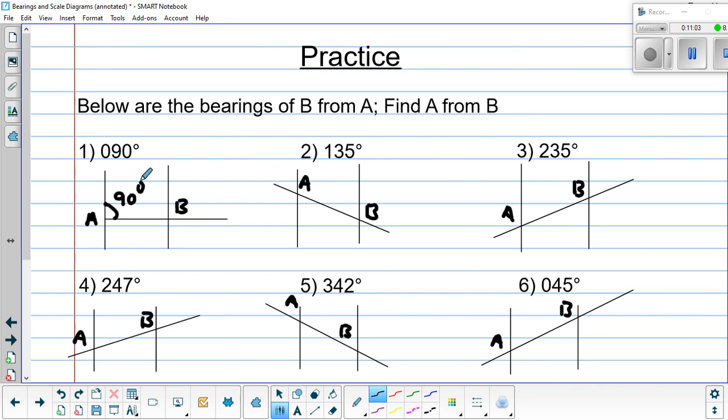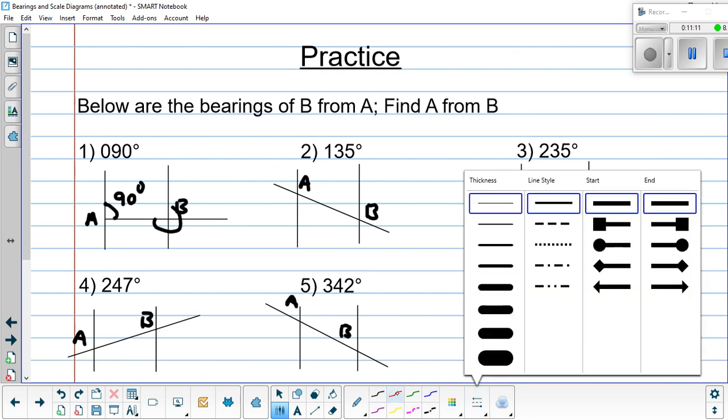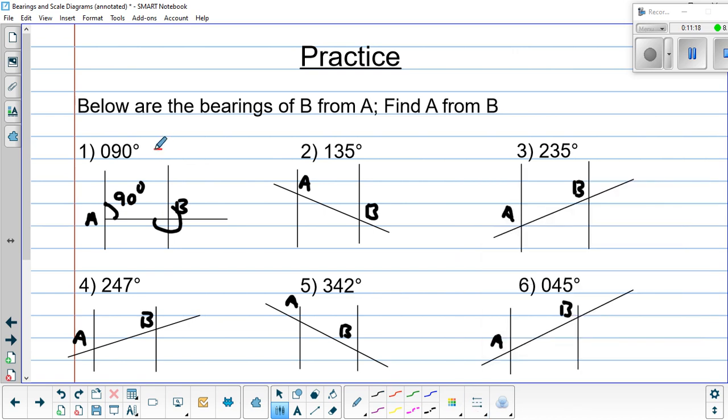We now are looking at B, and we want to get back to A. So we know that that is 360 minus 90. I'm going to do the answers in red, and that's going to be 270 degrees.